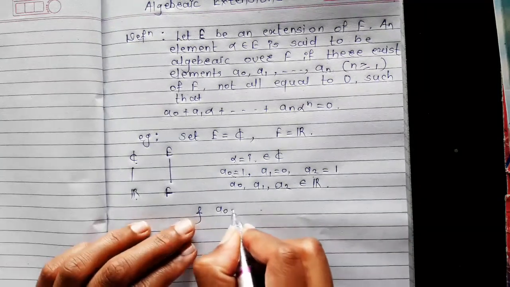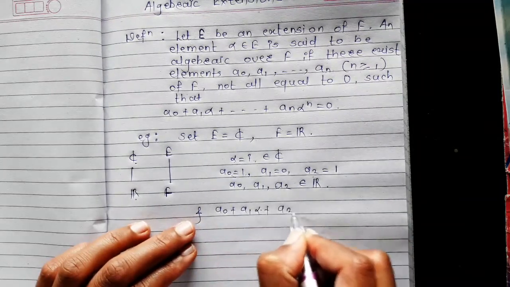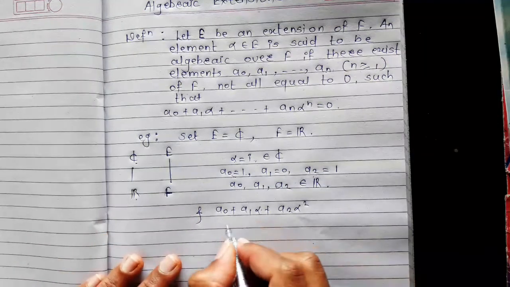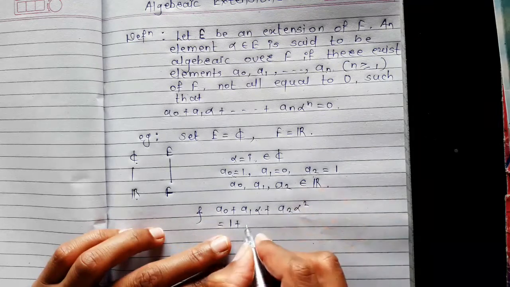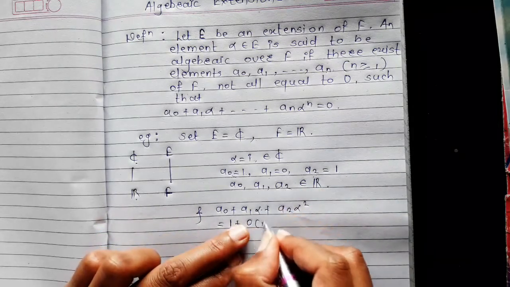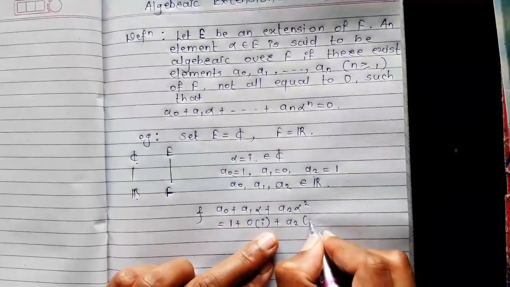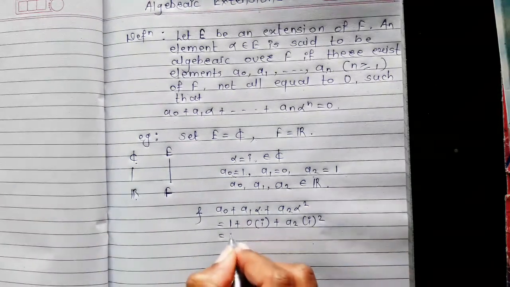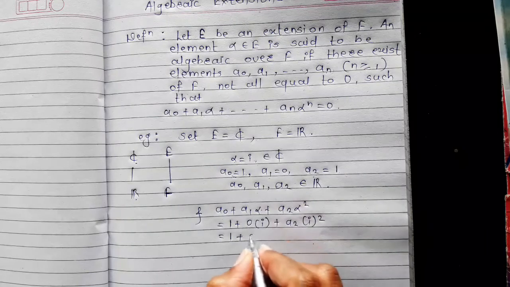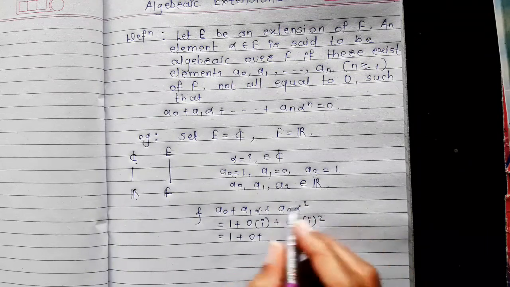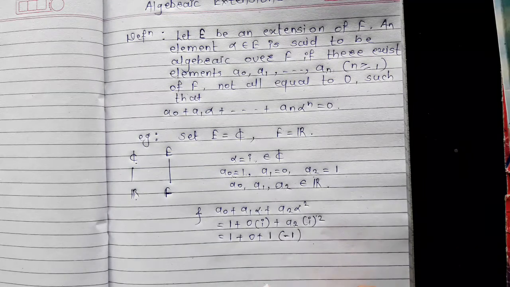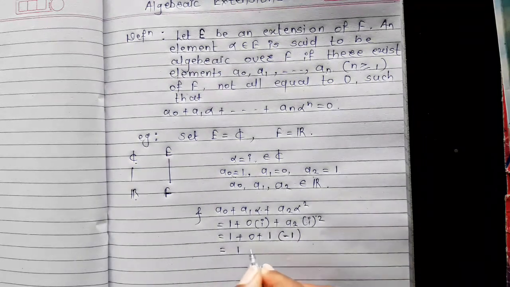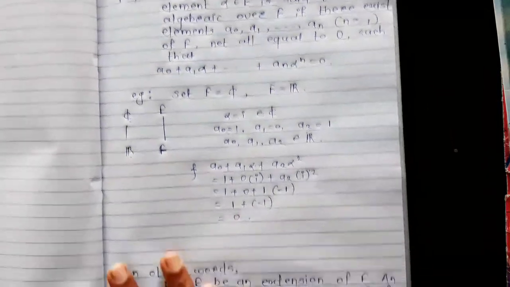And a0 plus a1 alpha plus a2 alpha square equals, what is a0? a0 equals 1, plus a1 equals 0. What is alpha? Alpha equals i, plus a2 into i square equals 1 plus 0 into i, 0 plus a2 equals 1. What is i square? i square equals minus 1, which equals 1 plus minus 1, which equals 0.